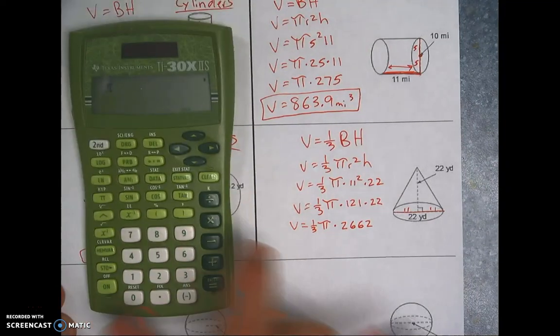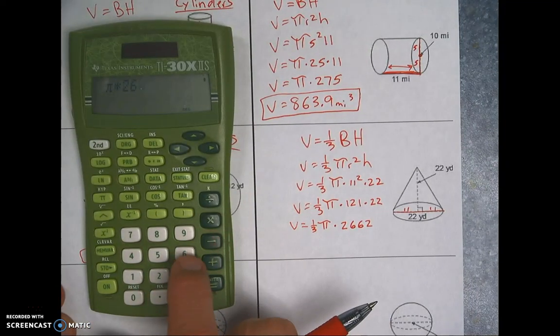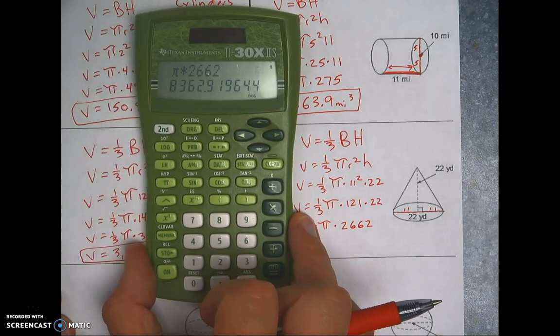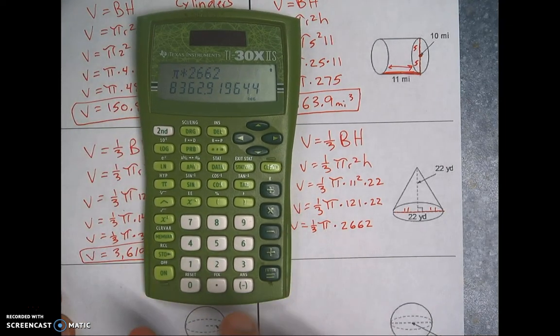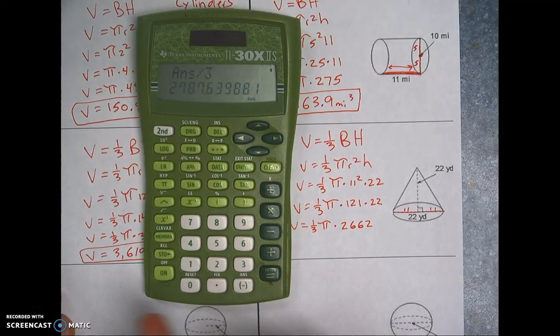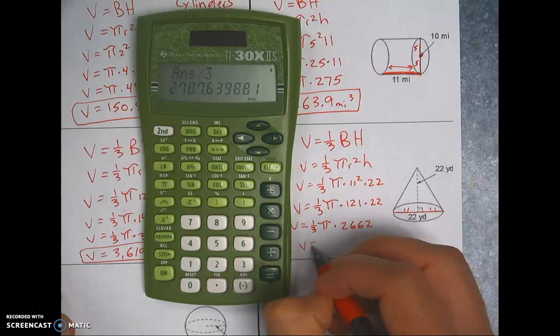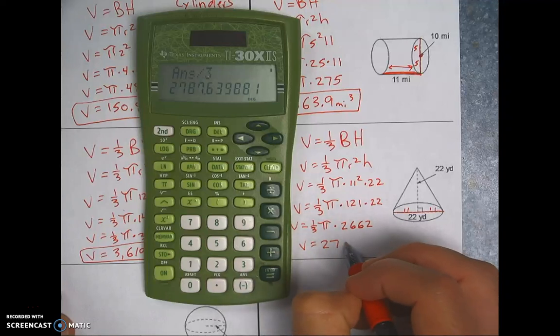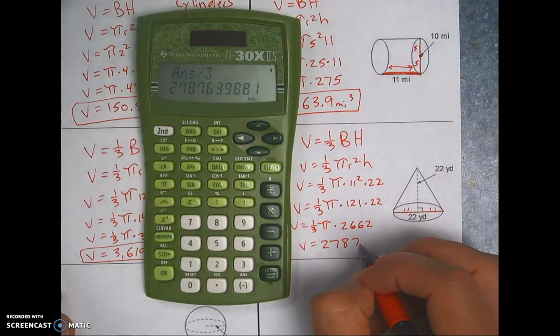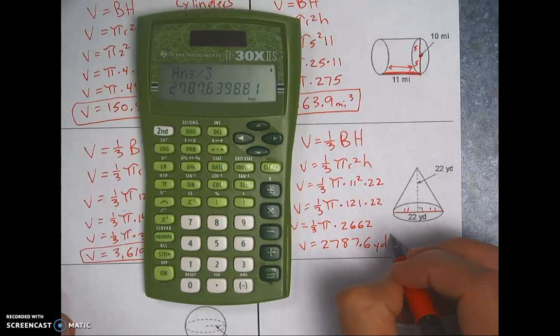I'm going to do pi times 2,662. You don't need to write that number down. Just leave it in your calculator and take 1/3 of it, which is just divide by 3. Final answer, 2,787.6, and the 3 tells me I can leave it alone. Yards to the 3rd power.